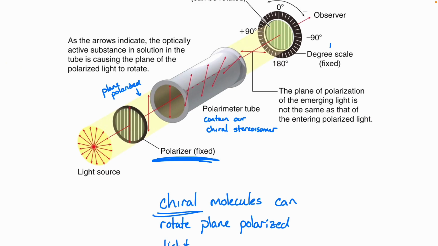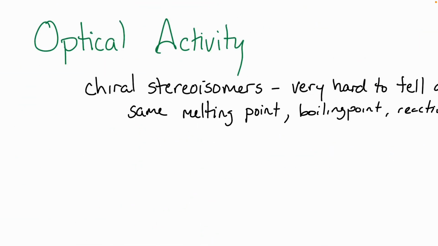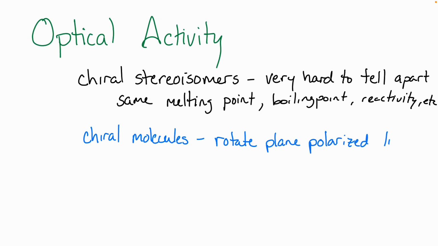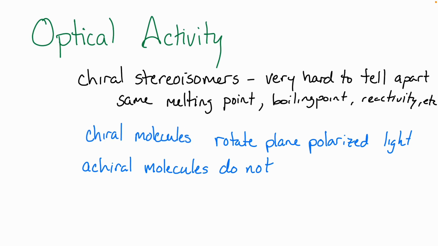Only chiral molecules can rotate plane polarized light. Achiral molecules do not. Okay.